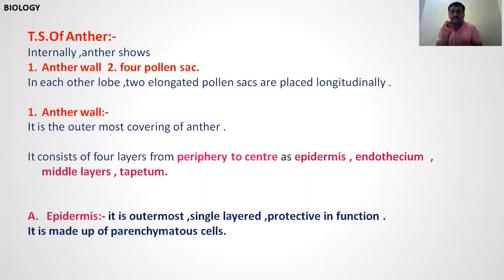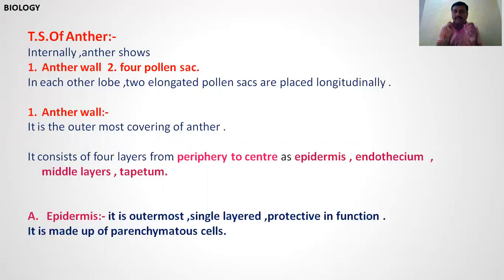Development of the anther: the stamen is divided into three parts: filament, connective, and anther. In the last lecture we also saw the development of the anther at the young stage. In this video we will study a TS of the anther, the transverse section of the anther.